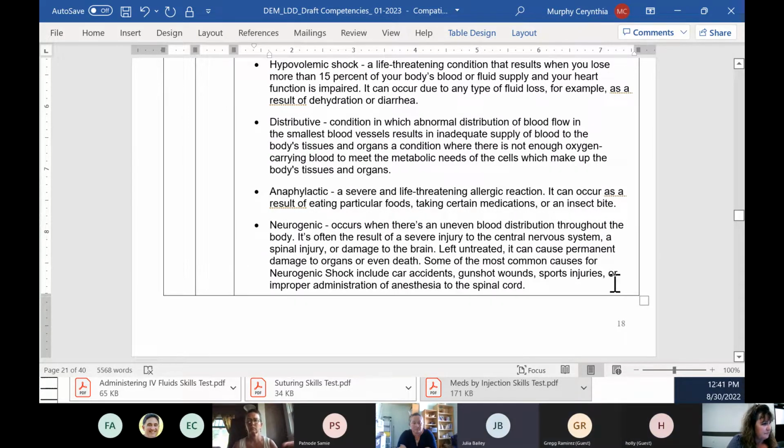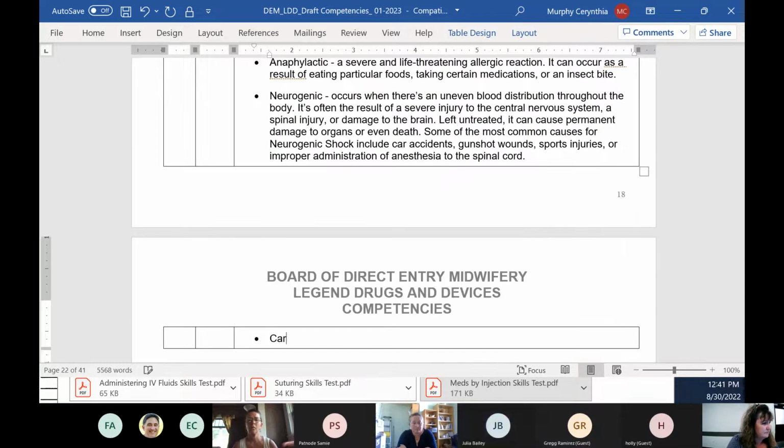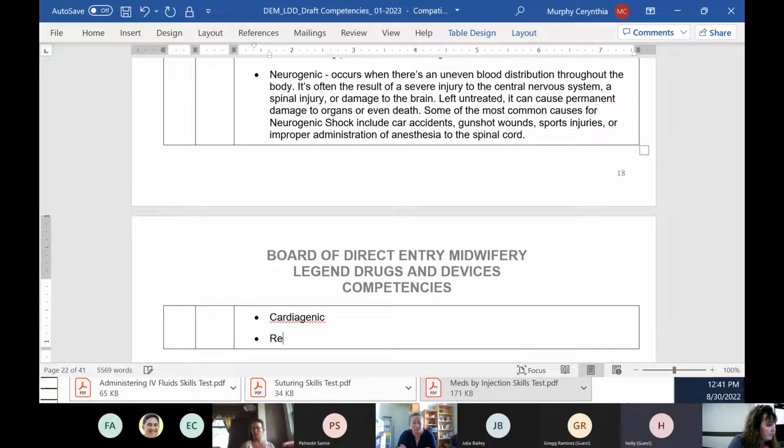Yeah, I list hypovolemic, distributive, cardiogenic, and restrictive. So restrictive is like embolisms, and oh yeah, obstructive. Obstructive is the word. Yeah, or restrictive. I'll call both things obstructive/restrictive.